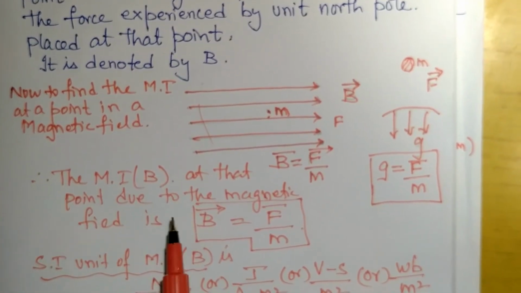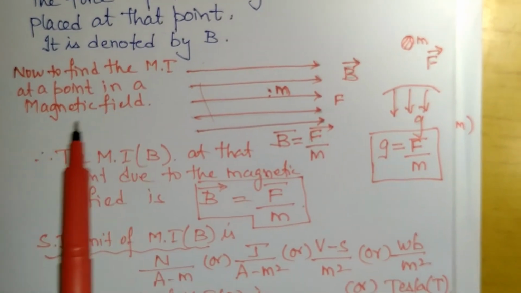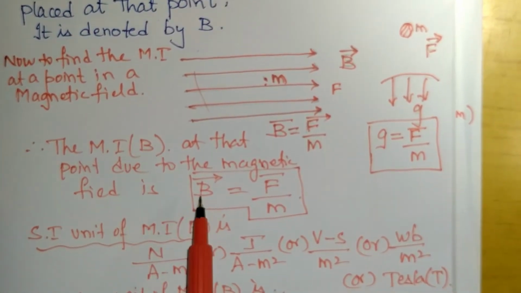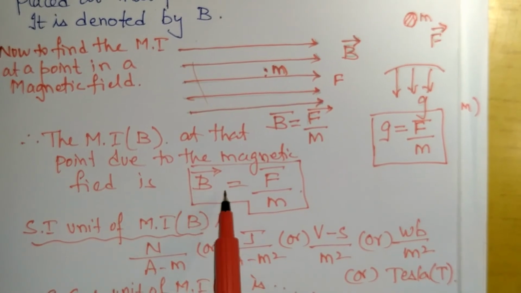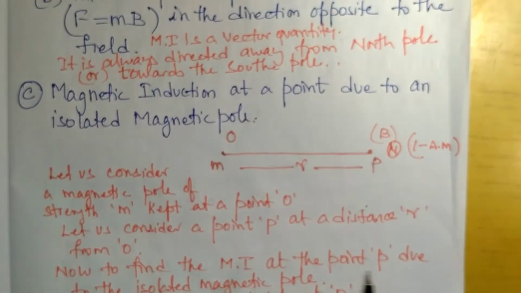In the earlier topic, we discussed how to find the magnetic induction at a point in a magnetic field. We found the formula to be B is equal to F by M. Now, what have we derived here?